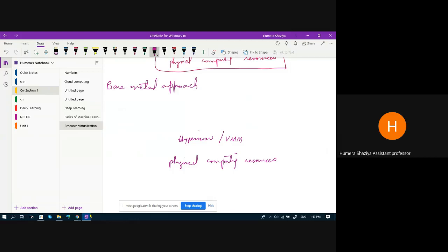And on top of it, you have virtual machines.